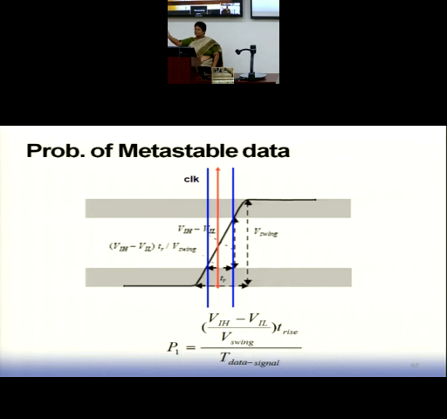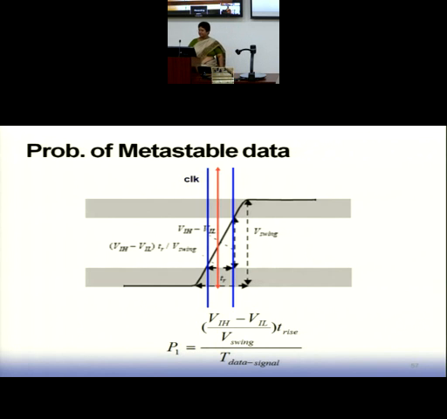Next time, if it is sampled in a metastable range, again it will lead to a metastability. Next time the next data comes, again if it is sampled in that range, there would again be metastability. That means your metastability now has to depend on the arrival of your data signal, that is F data, which is inversely proportional to 1 by T data.